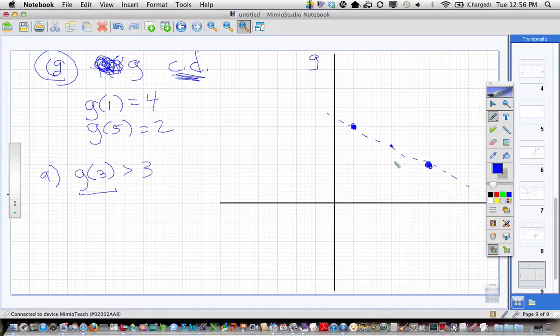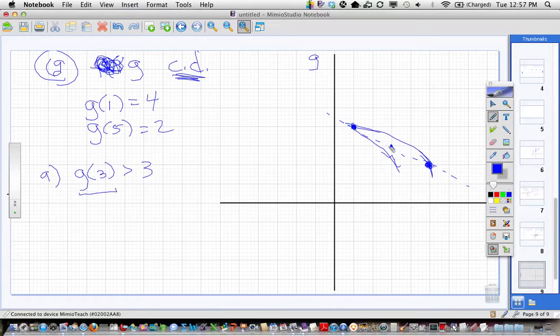I mean, what's the concavity of a line? There isn't any, right? It's not concave up or down, okay? There's no concavity. If this graph was going to try to be concave down, is there any way it could get to this point? Not without turning and going concave up, right? It can't happen.